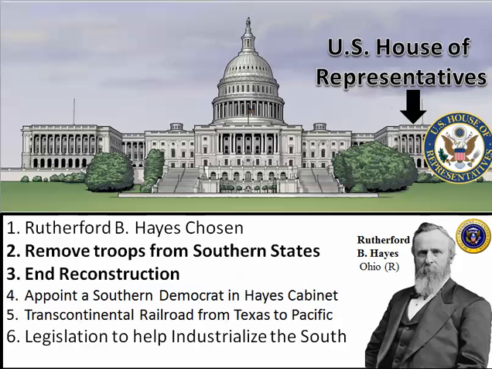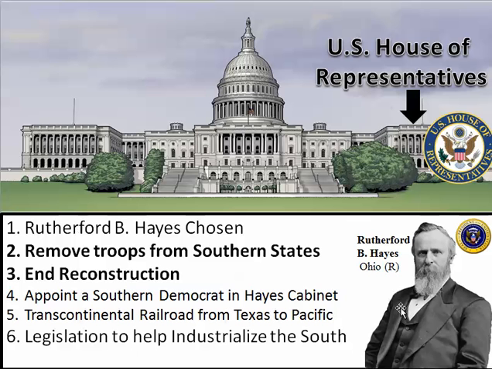I think we talked about that back when we talked about the Kansas-Nebraska Act, but they agreed to do that. And then they agreed to pass legislation that would industrialize the South and help it recover from Reconstruction, which had been torn apart during the Civil War.